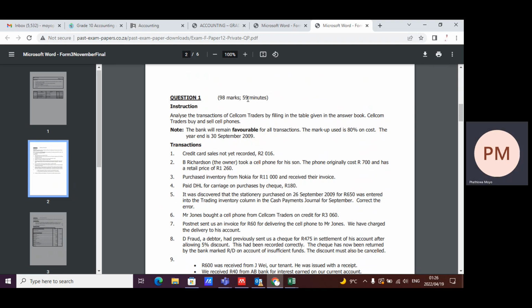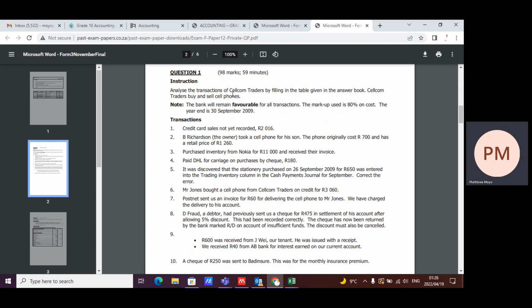You're going to be writing for almost half. So they were even generous to say 59 minutes. They should have said 30 minutes or so, because you almost write for half or less of the marks you have. Okay.